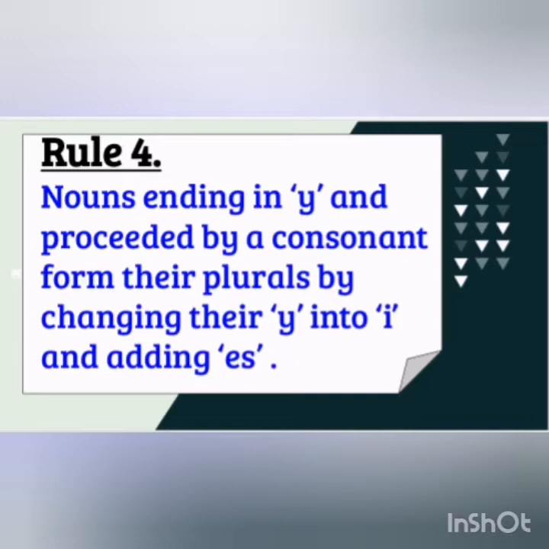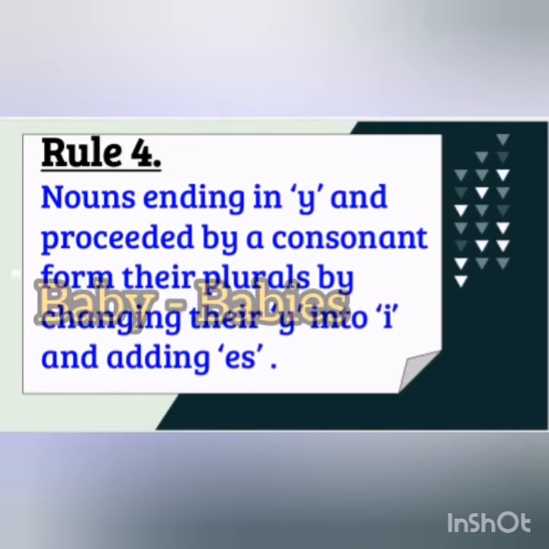Consonant means, in our English alphabet there are vowels and consonants. The vowels are a, e, i, o, u, and all the other alphabets are consonants. If the word ends with y and before that there is a consonant, we change the y into i.